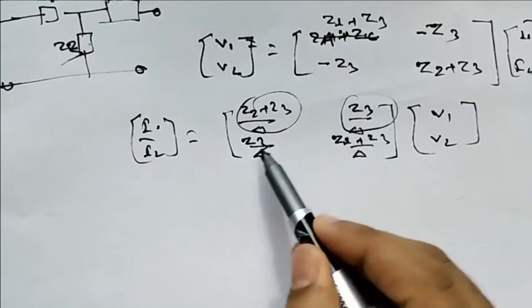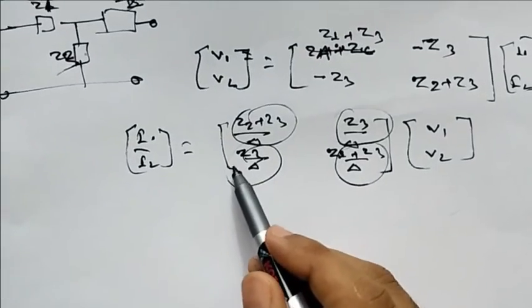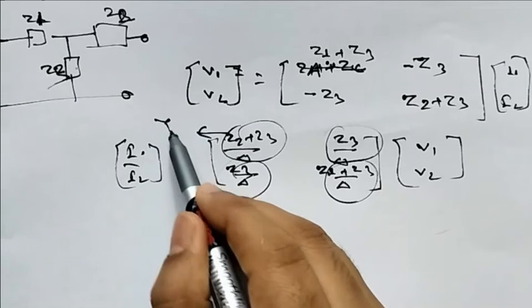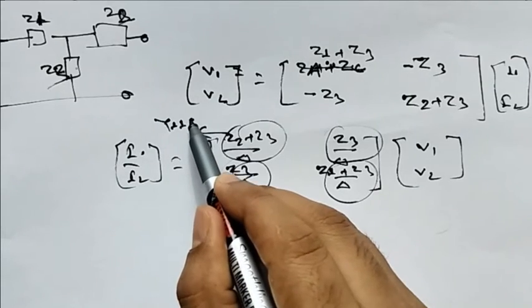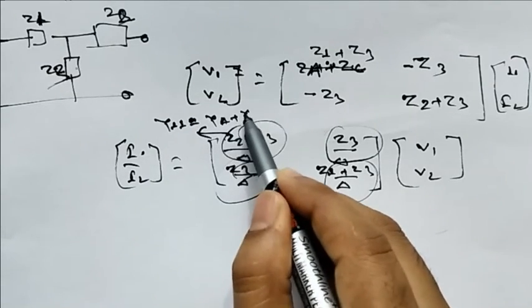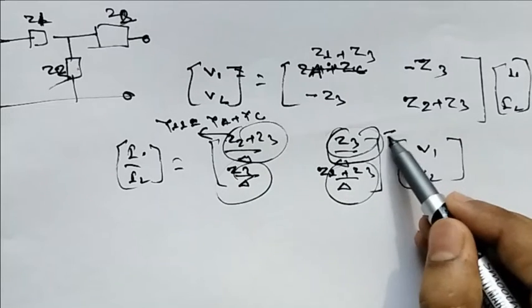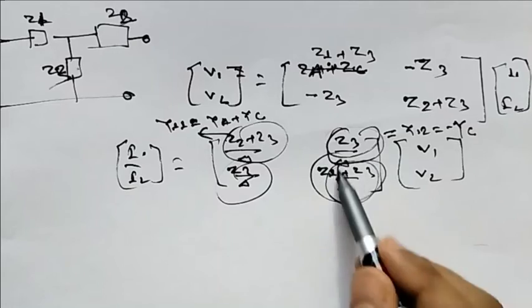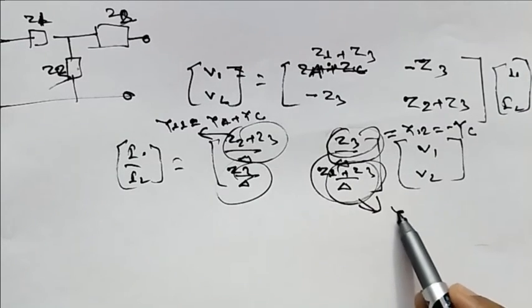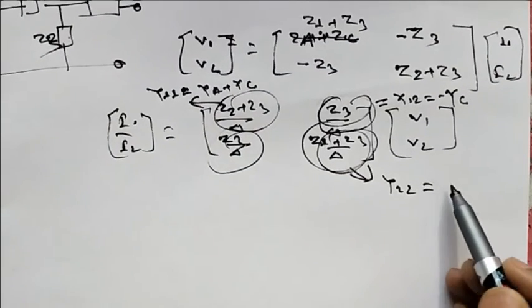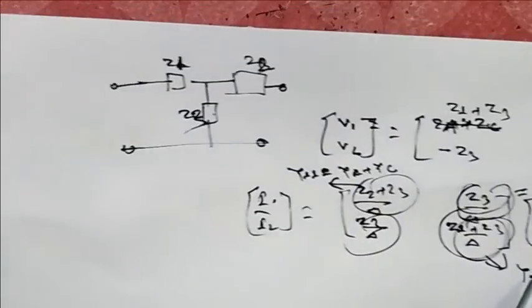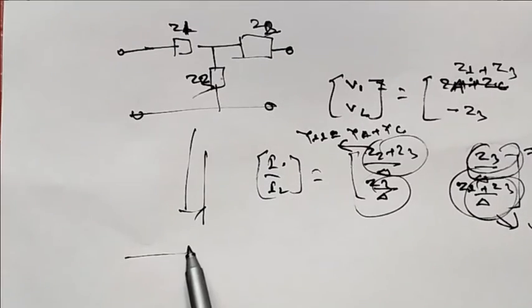Now if I compare with the y parameter, this value is nothing but your y11 or ya plus yc, and this is nothing but your y12 or minus yc, and this is nothing but your y22, yb plus yc.